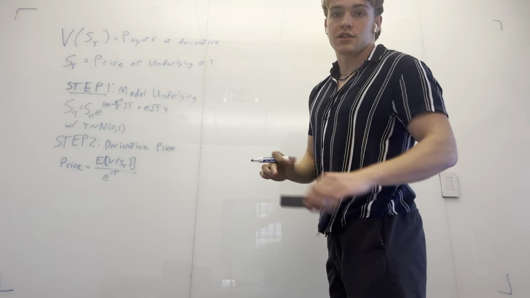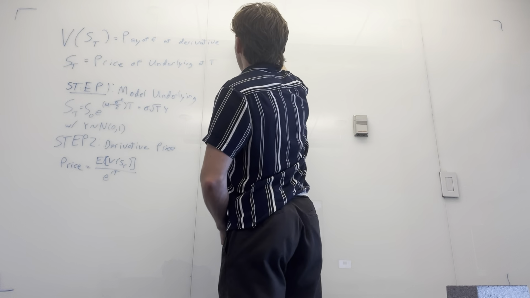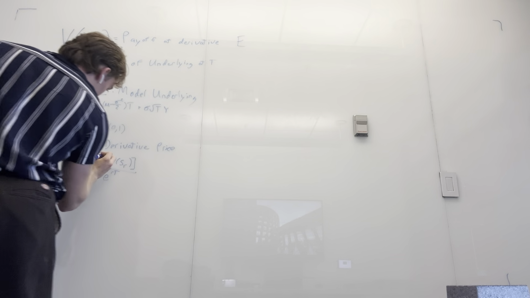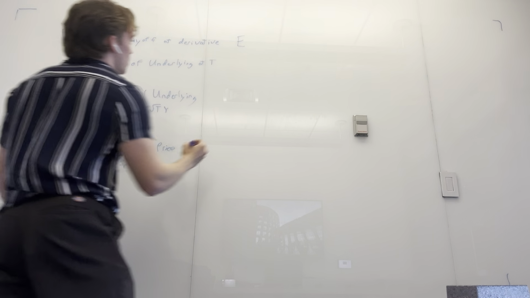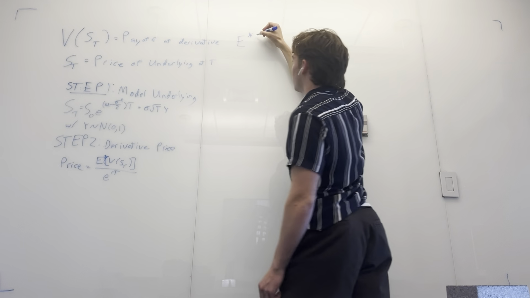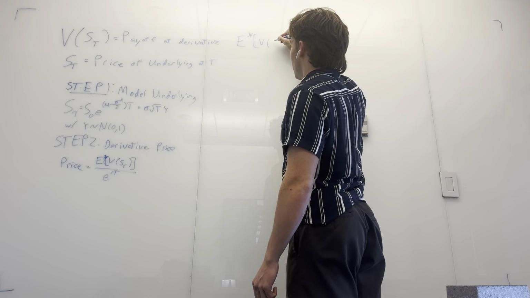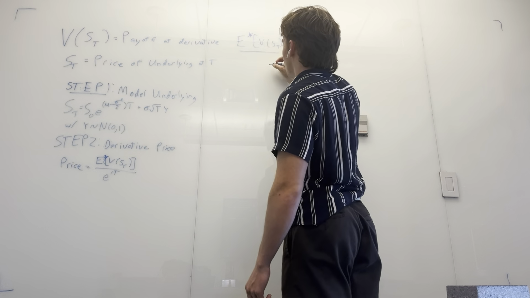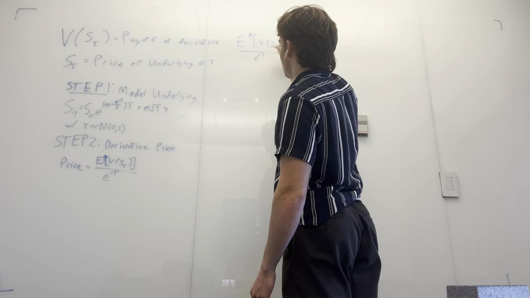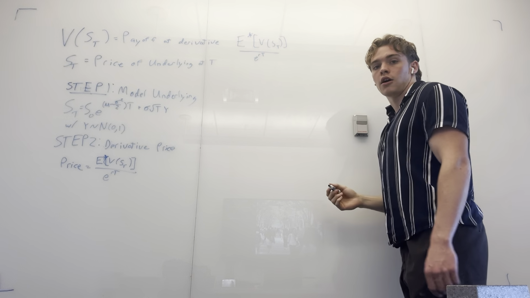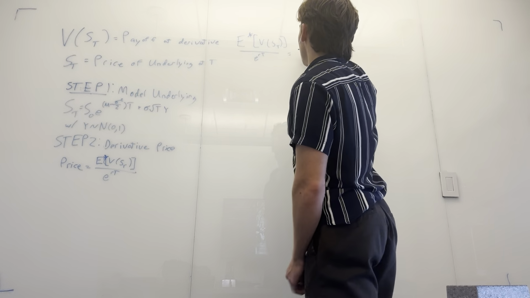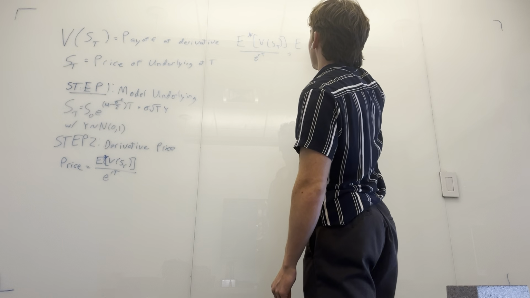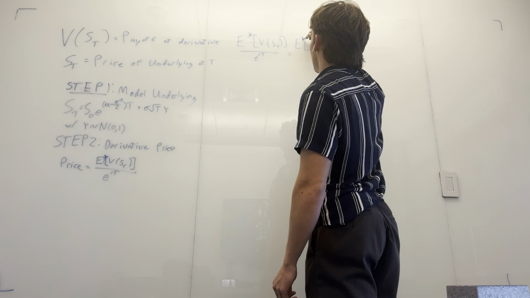So essentially what we're saying is we want to find, here, I'll add a little star here, E star of V of ST over e to the RT. And remember that we actually have a formula for what S of T is, so we're going to plug that in.